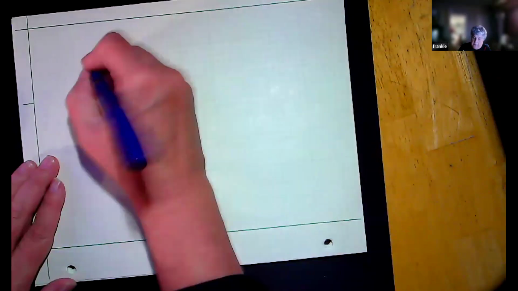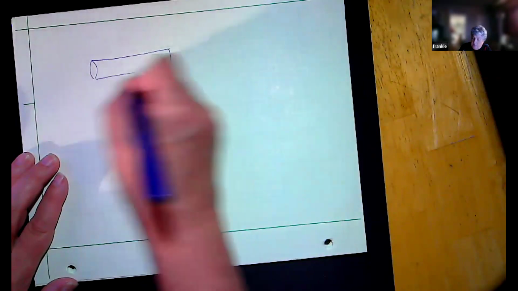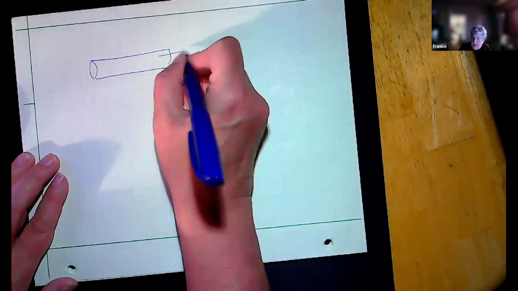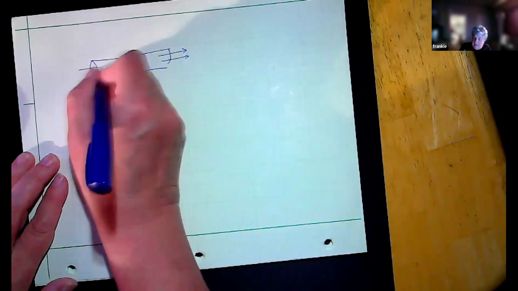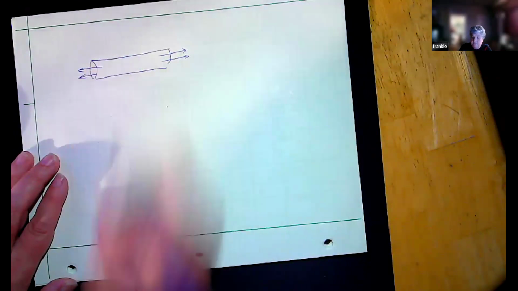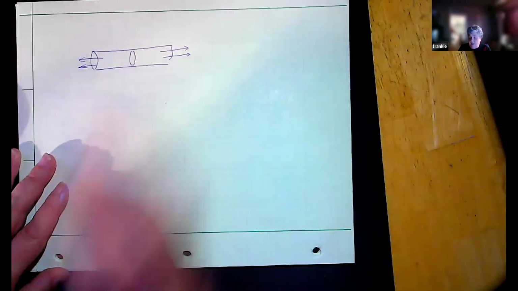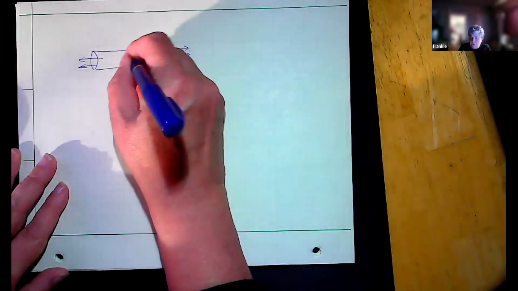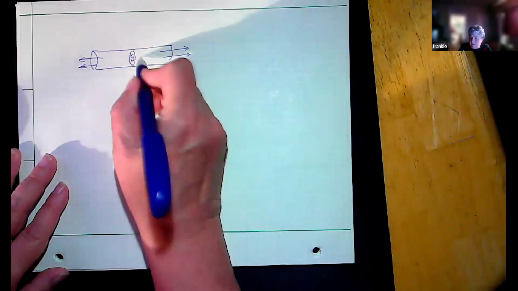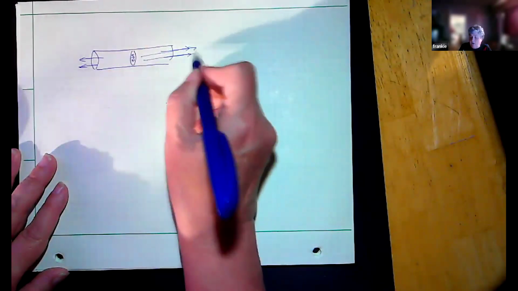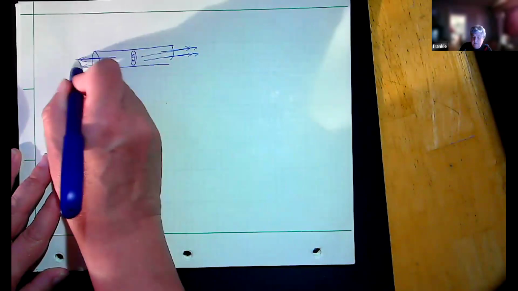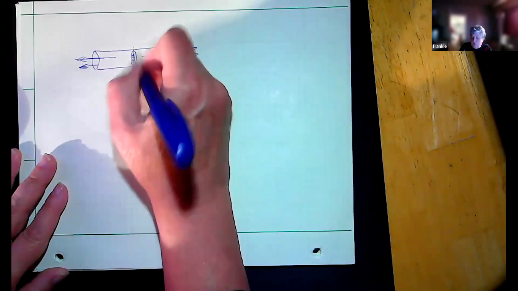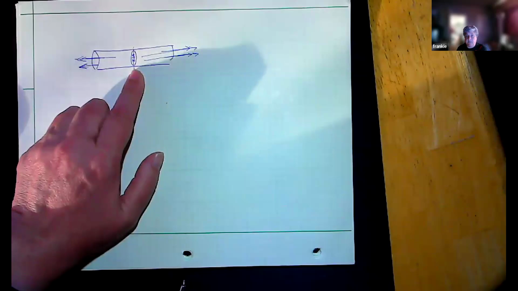So for example, let's say I have a surface like this, and I only have a flux outside the end. Well, that tells me inside of my surface, I have a distribution of charges that are positive because I'm going outward. And that charge surface is perpendicular to the edges of my cylinder.